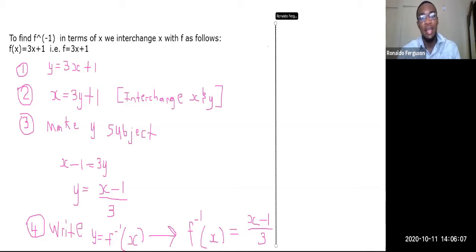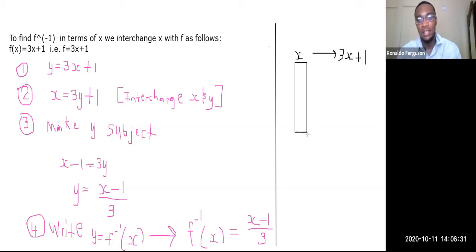We see that x is mapped to 3x plus 1. So this is x, and it's mapped to the function y, which is 3x plus 1. Let's draw our box right here, and another box right here.